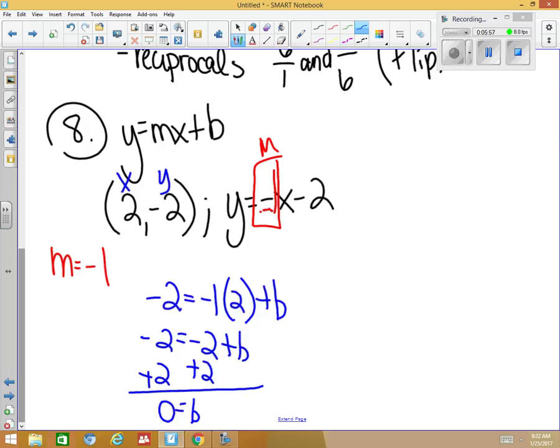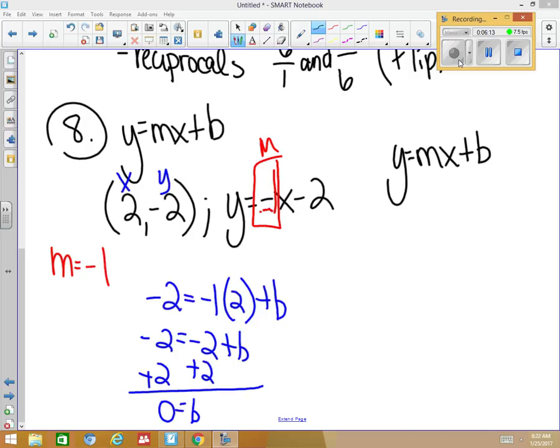So let's put it back in the equation because the direction said I have to write the equation. In equation form, I have y equals mx plus b. So let's plug them in. What's m? -1. Okay. What's b? 0. So y equals -x.